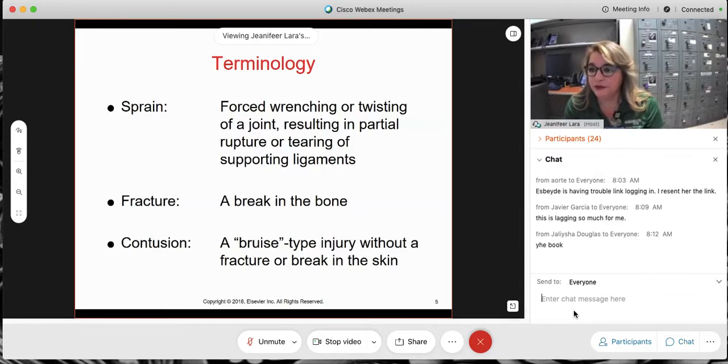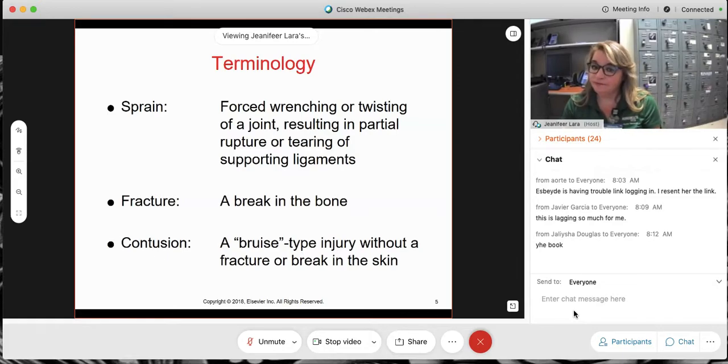If you get punched, if you get poked, that's a contusion. It's the bruising. Can we see how all three of these are different? So each one will explain what it is you're looking at.